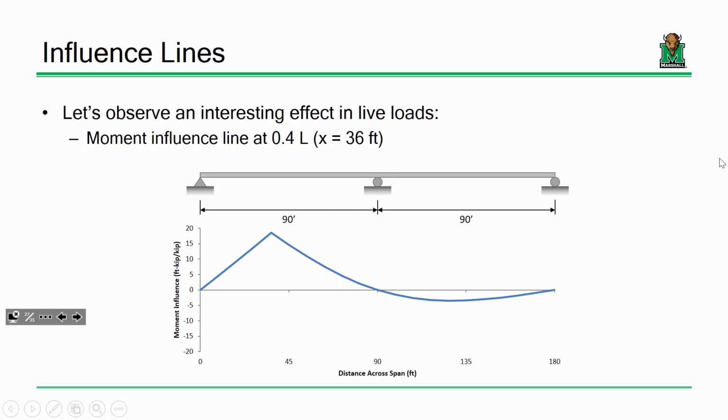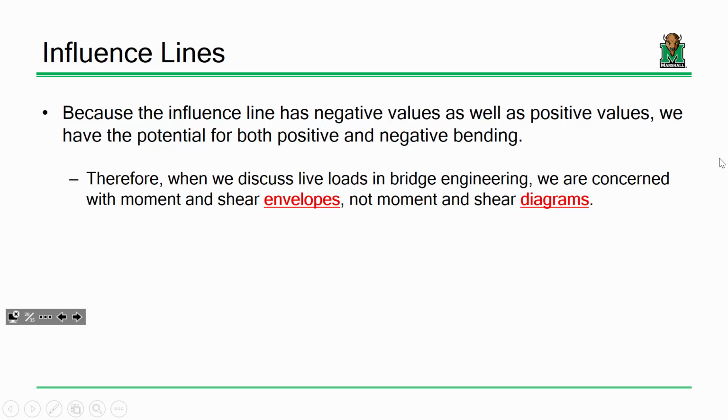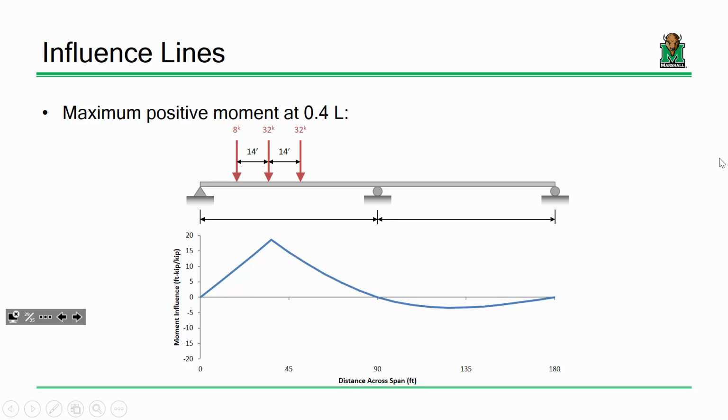So here's my influence line at that particular point of interest. Going back to what I said before, our big interest later on is going to be moment and shear envelopes, not moment and shear diagrams. What do I mean by that? Well, if I'm trying to generate maximum possible positive moment at that point, I'd probably place the load somewhere right here. Place that heaviest axle right over the point, do a little investigation, and say, well, I've got larger values over here on the right, so I place the next 32 kips over here, and place that lower axle over there.